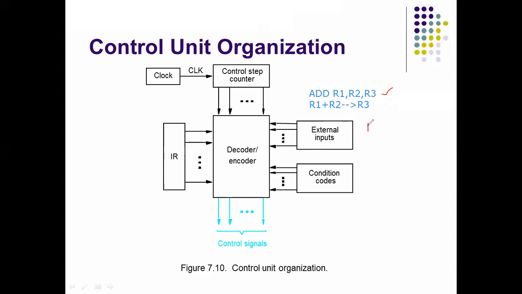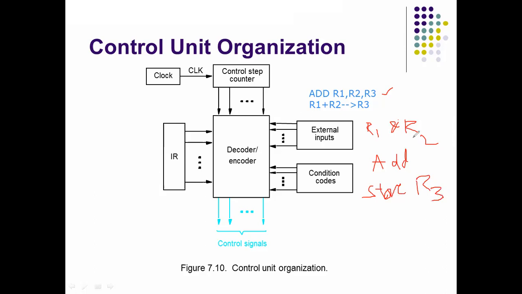First, we are taking the data in R1 and R2 registers. Next, the addition operation is performed. Next, we get the result after doing this addition operation. Next, store the result in the R3 register.